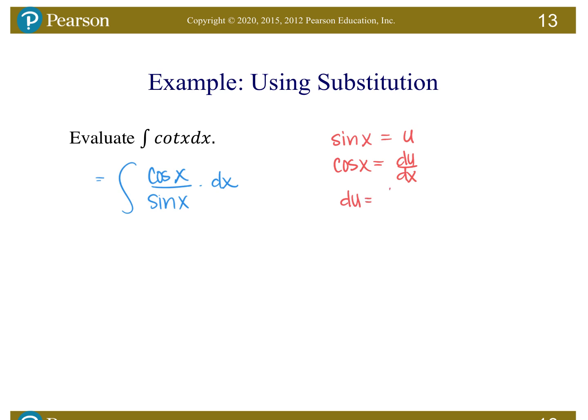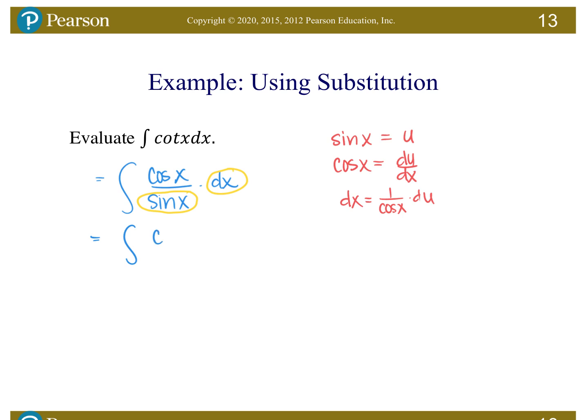So dx is 1 over the cosine of x du. When you're done with your pre-work, you are changing the denominator only and the dx only. Don't touch your numerator. Trust the process.